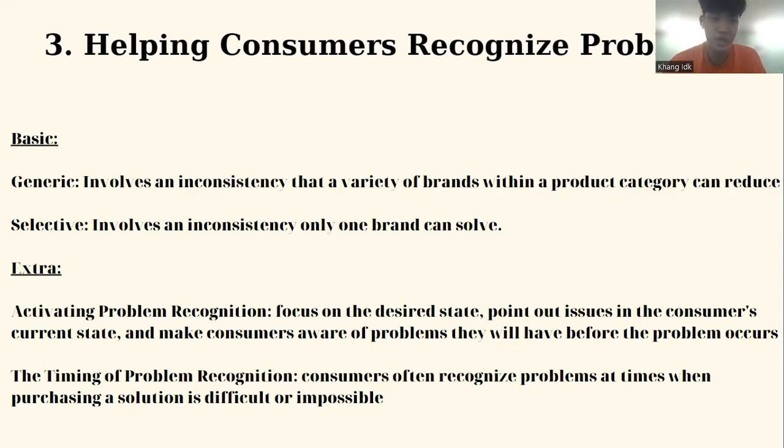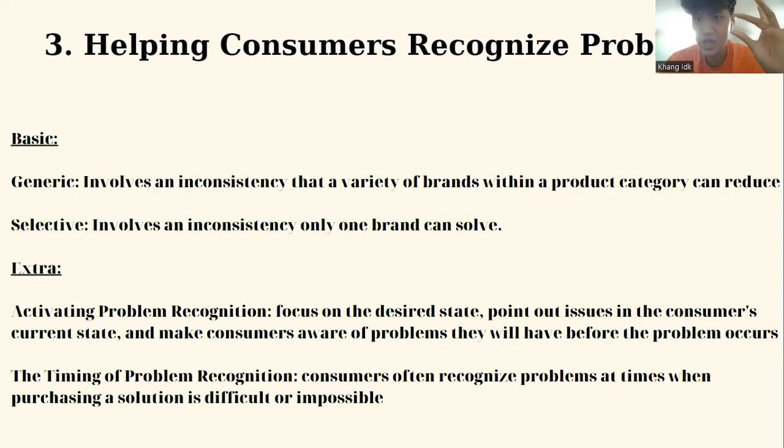A few extra ways is activating problem recognition. Marketers focus on your desired state, pointing out the issues in the consumer's current state and make consumers aware of problems that they will have before the problem occurs. For example, if you're having problems with your teeth, marketers will advise you to buy or get dental braces.